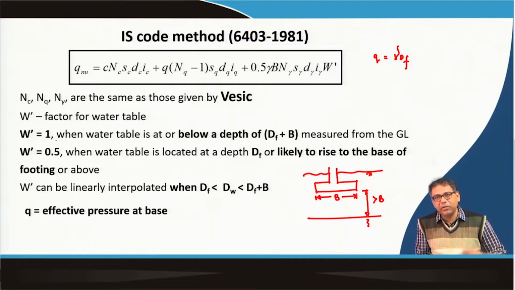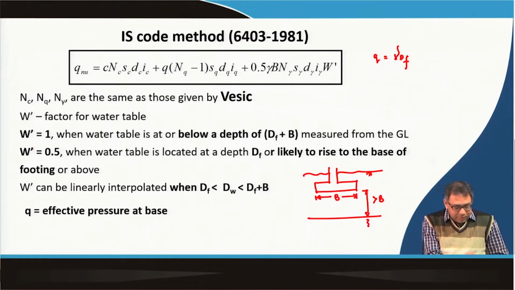So, that means the water table will play a role in the bearing capacity equation if the position of the water table is within the width of the footing from the base of the footing. So, if it is within this zone and above the base of the foundation, then the water table will play a role.